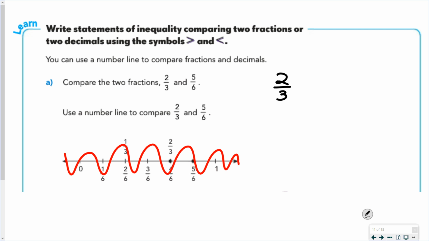Well, when you have a denominator of 3 and a denominator of 6, a good common denominator to use would be 6. So to get from 3 to 6, we have to multiply by 2. So we'd have to multiply 2 by 2 to get 4. And when you compare 4/6 to 5/6, well, 4 out of 6 is less than 5 out of 6.